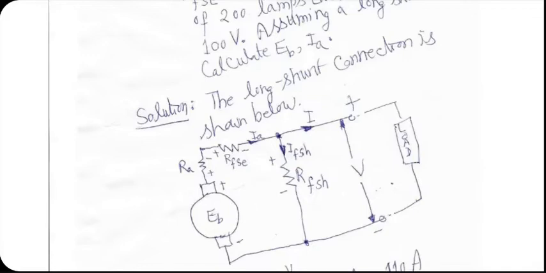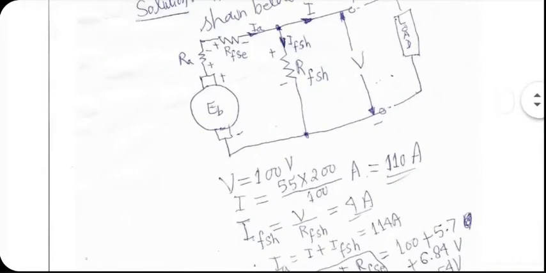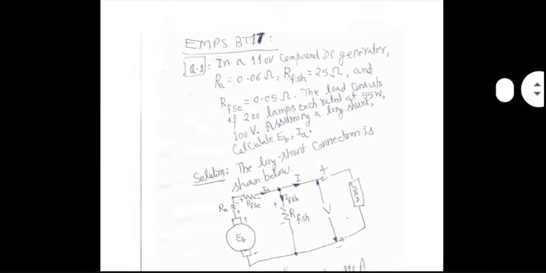I am calling that current IFSH. The remaining goes out as the load current, which I am calling I. The terminal voltage or load voltage is V, obviously, and load is connected, of course. V upon I will be equal to load resistance, in case you are interested in knowing the load resistance. Okay. So with this equivalent circuit in mind, let's see. V is given as 100 volt, that's for sure.